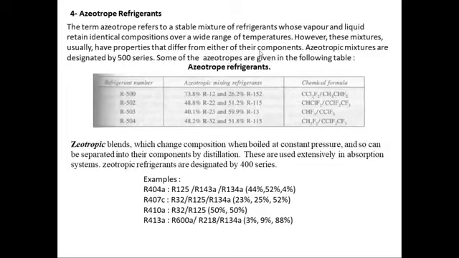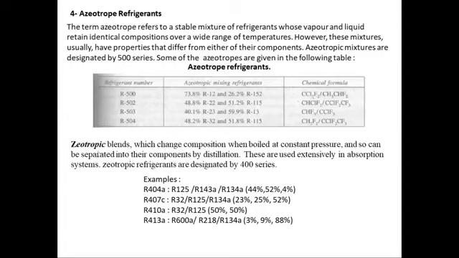The mixture will have different physical properties than the constituents. Azeotropic mixtures are designated by the 500 series. Some of the azeotropes are listed below. R500 is basically a mixture of R12 and R152a in the ratio of 73.8% and 26.2%. R500, R502, 503, 504, they're all mixtures of different refrigerants.